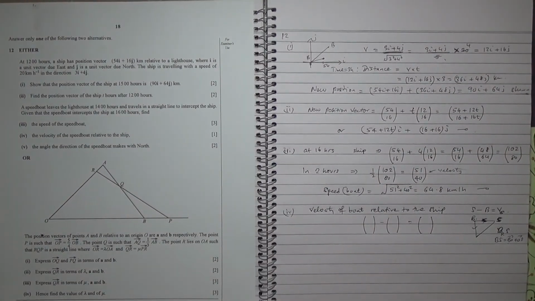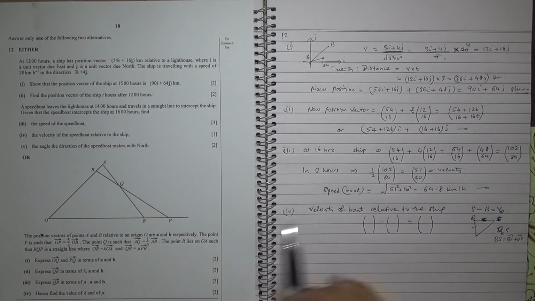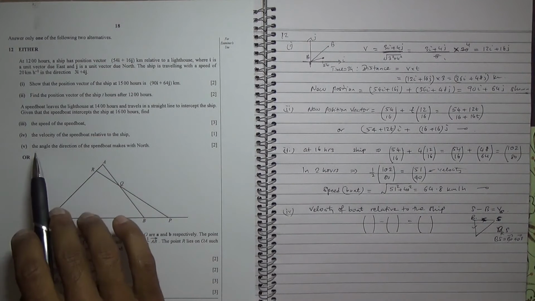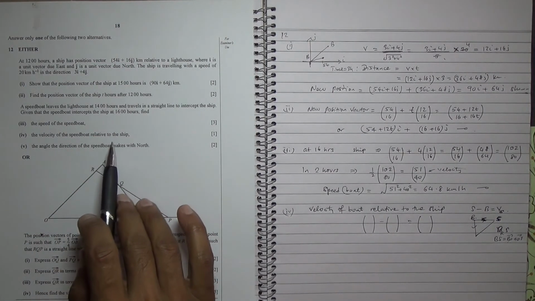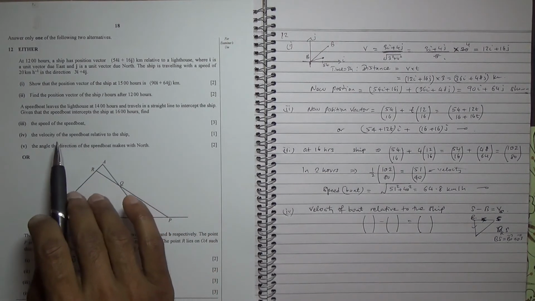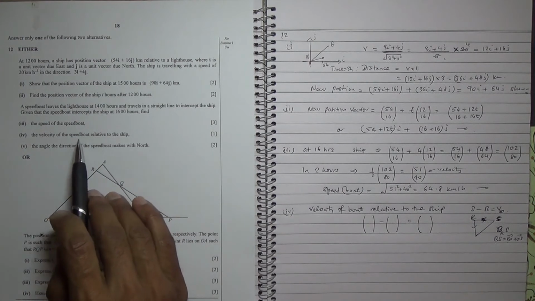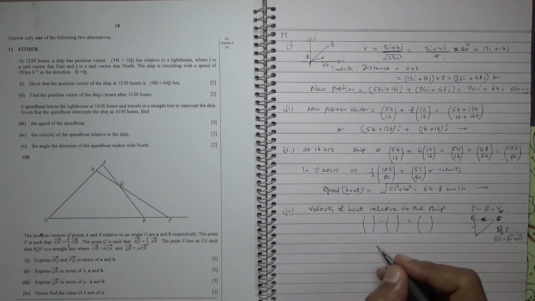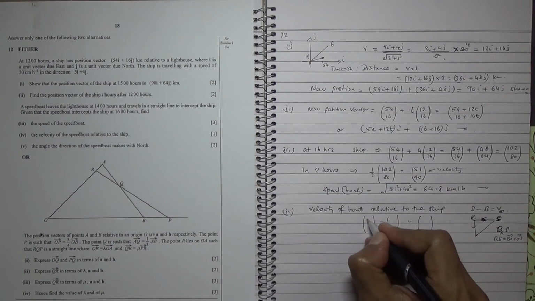Now for the fourth part, we need to find the velocity of the speedboat relative to the ship. So what does that mean? We're going to take the boat minus the ship. So what's the velocity of the boat?